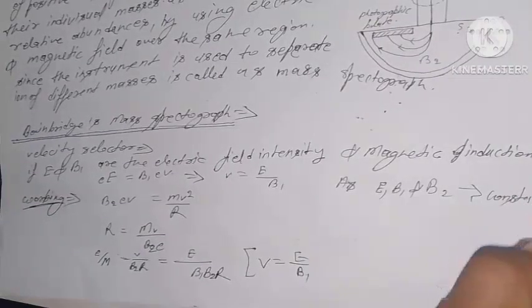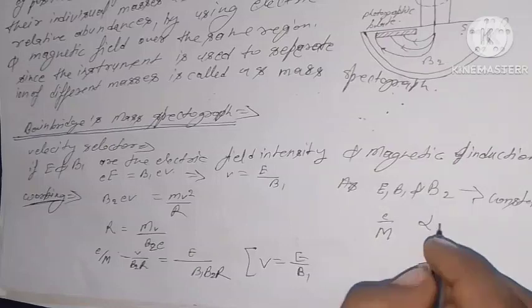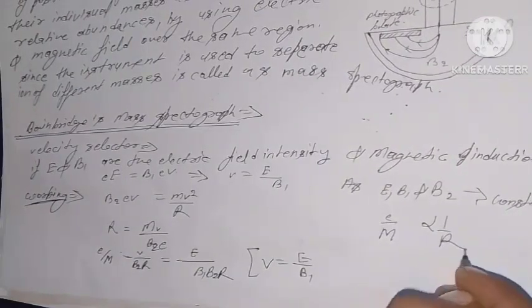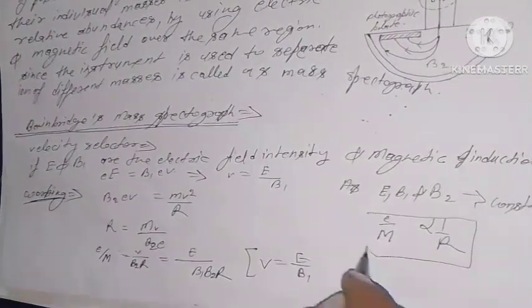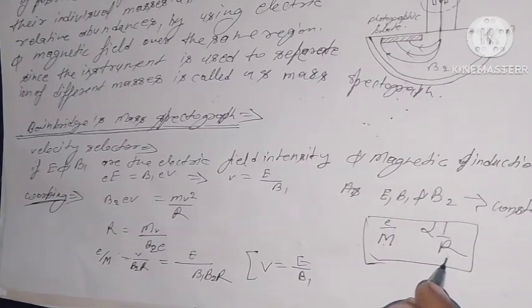All the particles having the same momentum and charge will be focused. The mass M is inversely proportional to R. After describing a semicircle path, the ions strike a photographic plate.